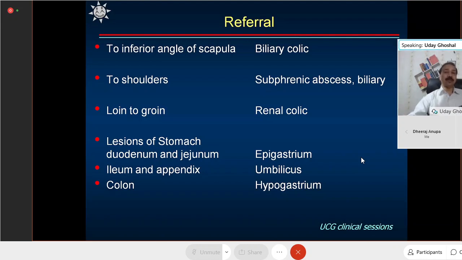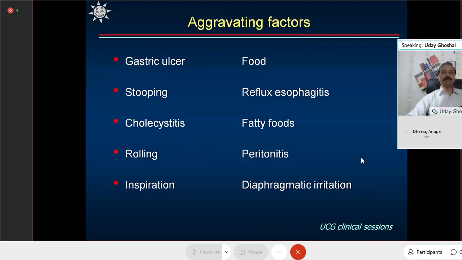So the dermatome of the umbilicus is supplied by T10, whereas T6 to T9 is the stomach nerve supply, parasympathetic and sympathetic nerve, mainly sympathetic, and the sympathetic nerve is the nociceptive nerve, and T6 to T9 is the nerve supply of the skin of the epigastrium. Therefore, you get referral there, and colon, hypogastrium.